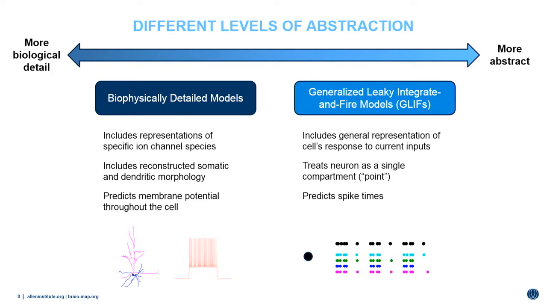We also create very simple neurons where the entire neuron is modeled as a simple spherical ball. The biophysical models can aim to actually produce the spiking behavior of the spike itself. However, in glyph neurons, we aim only to produce the spike times represented in this raster.